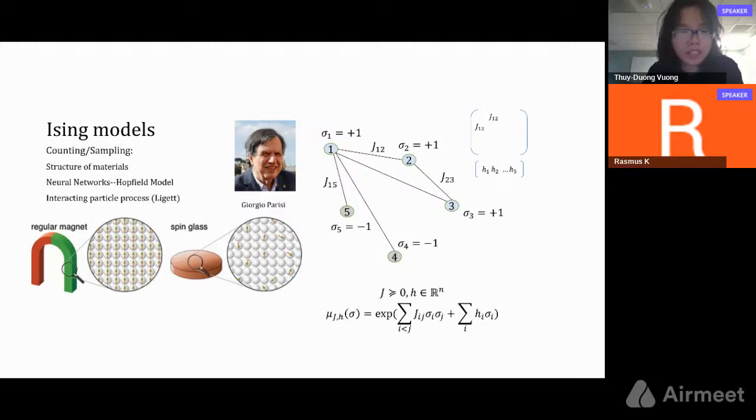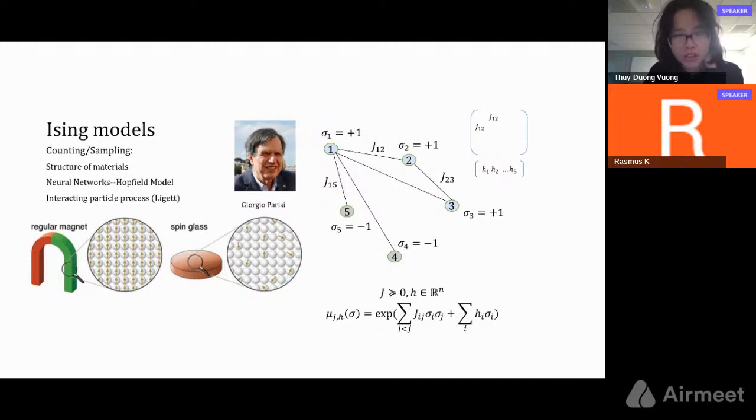In this picture, you can see that when the material is very regular, the spin configuration has only plus or only minus spins, and when the material is very unstructured, you have very random or diverse configurations. The spin glass model was studied by Giorgio Parisi, Michel Talagrand, and Francesco Guerra. And this year, I think Parisi just won the Nobel Prize in Physics for his work on spin glass or the Ising model.